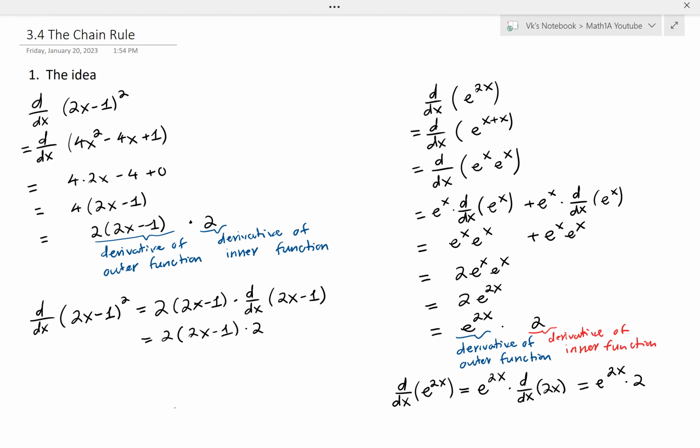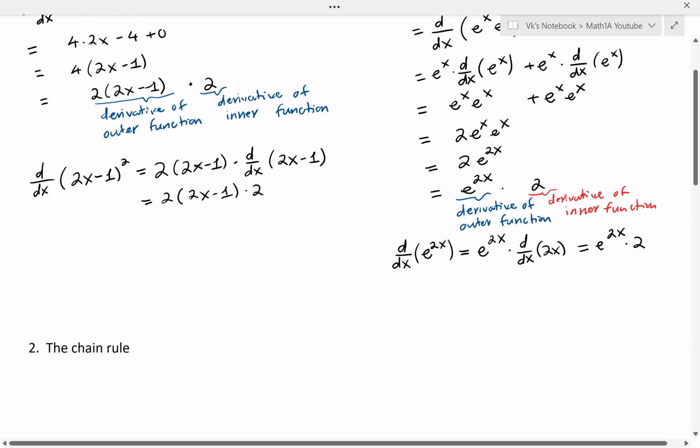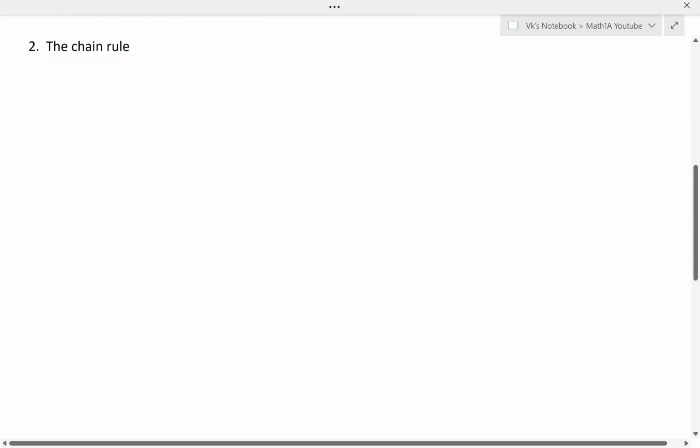What we see up here through these two examples, the process of doing this kind of derivative in which one function is inside another function, is called the chain rule.